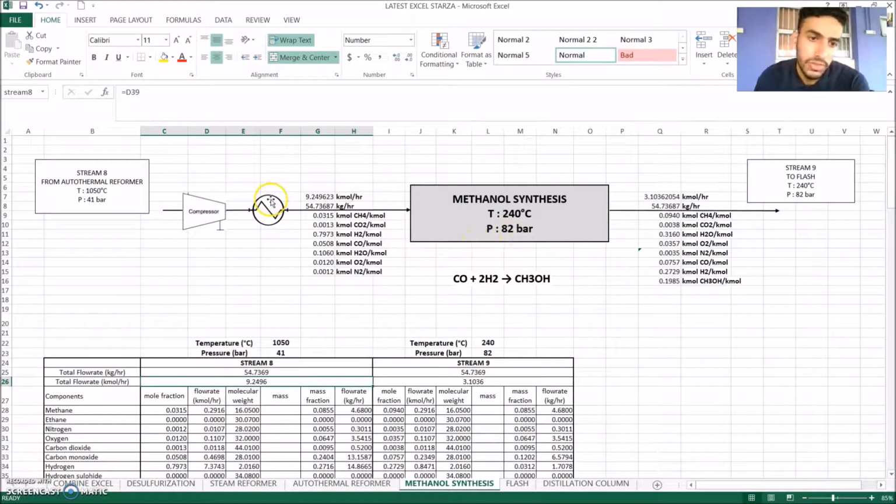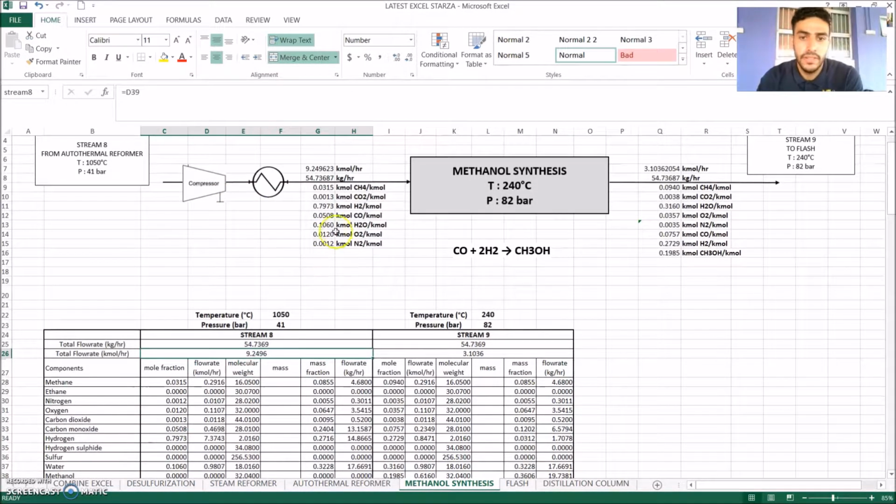So we use the compressor to make sure that there is no explosion or damage in the pipe. Also we use the heat exchanger to decrease the temperature from 1550 to 240 degrees Celsius.